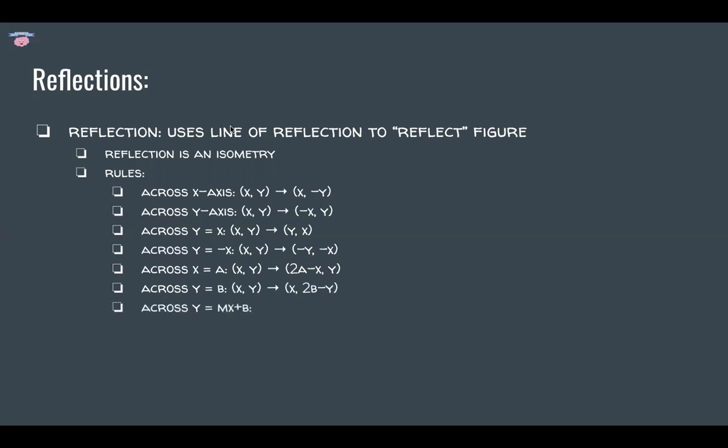And across the line y is equal to mx plus b, this one might be a cruel problem your teacher gives you. I suggest you look it up because this is way too hard to write down. Your teacher might not give you this problem, but maybe as extra credit, he or she might. Across the line y is equal to 2x plus 3 maybe.